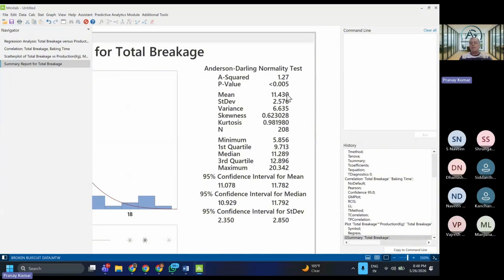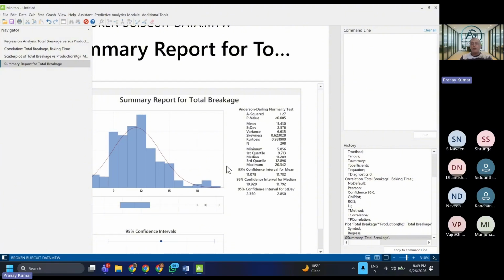This is my sample mean, but it also gives you a range where the population mean is going to lie, and this is with 95% confidence. This is the range where the population parameter is expected to lie. That range is referred to as confidence interval. This is the confidence interval of mean. You have a confidence interval of median and of standard deviation. So based on your sample, it calculates your population behavior for your mean, median, standard deviation, etc. And in hypothesis testing, this is going to be a very important question.